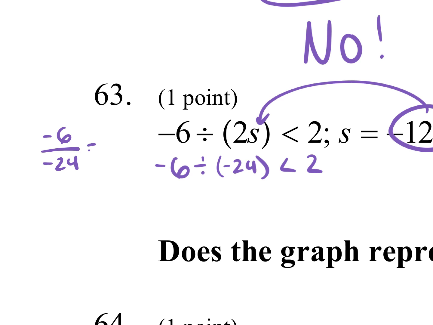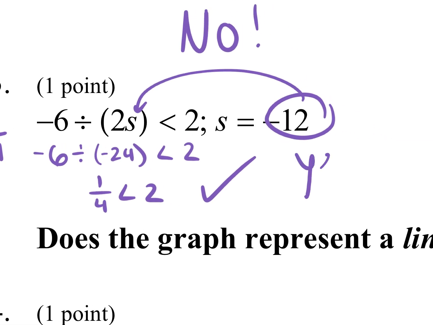What does this simplify to? So 6 goes into 24 4 times, so it'd be 1/4. Perfect. So I have 1/4 is less than 2. Is this true? Yes. So negative 12 is a solution.